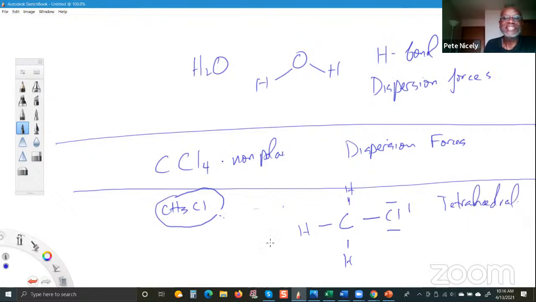Okay, so if the shape is tetrahedral, I'm going to try to draw the shape over here. You have carbon bonded to chlorine, bonded to hydrogen here, bonded to hydrogen here, and bonded to hydrogen here. So that's a general tetrahedral shape, right? So would you expect this molecule to be polar?